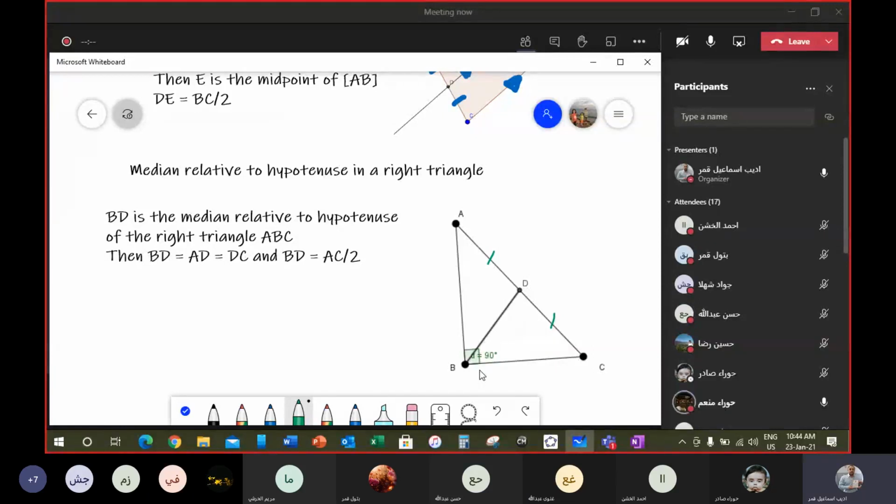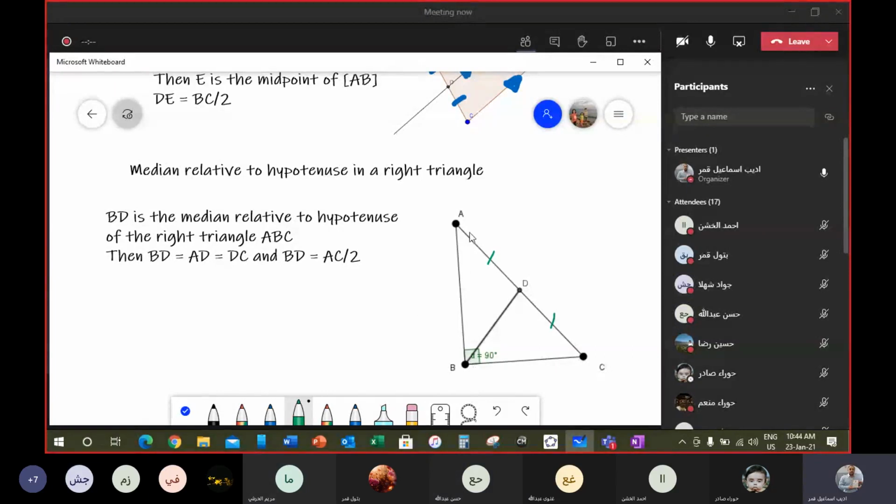Bisecting. Okay, median. Let us remember the median relative to the hypotenuse. In a right triangle, if I have one angle of 90 degrees, it is called a right triangle. What do we call the side opposite to the angle 90? Hypotenuse. And what do we call the sides of the right angle?